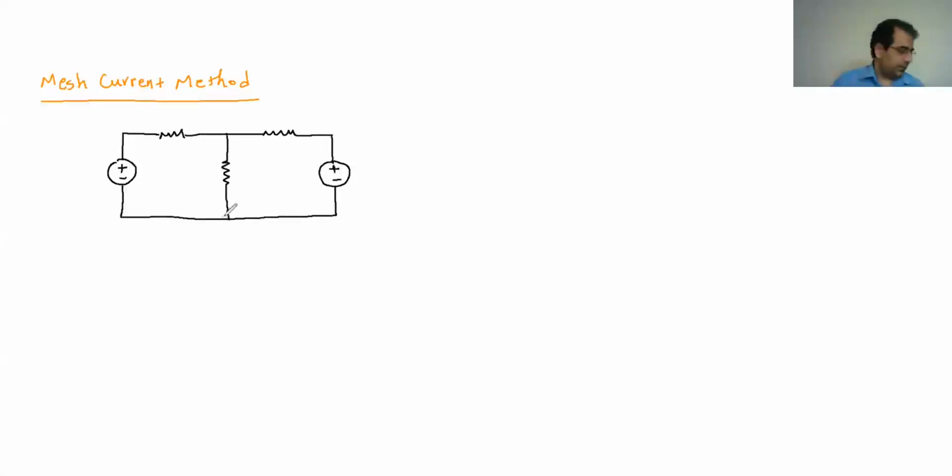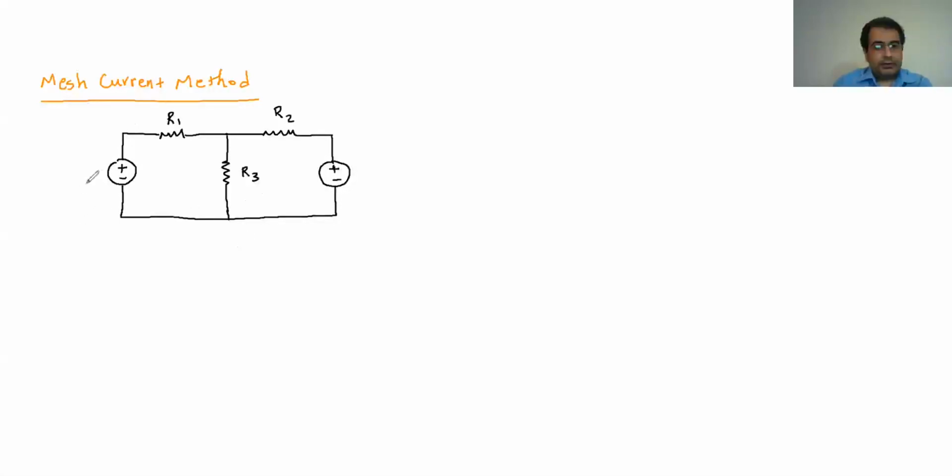So assume we have these, and it's going to be R1, R2, and R3. We have a circuit like that, and we want to analyze that circuit.